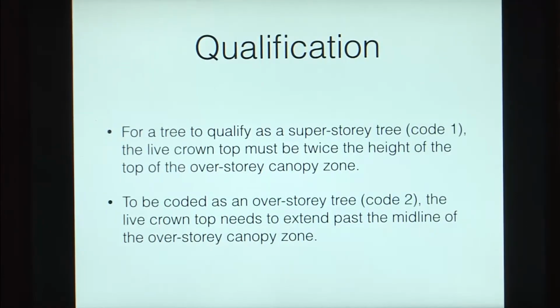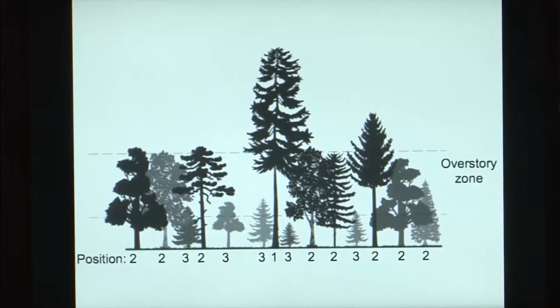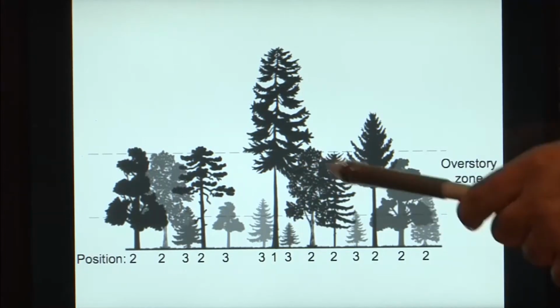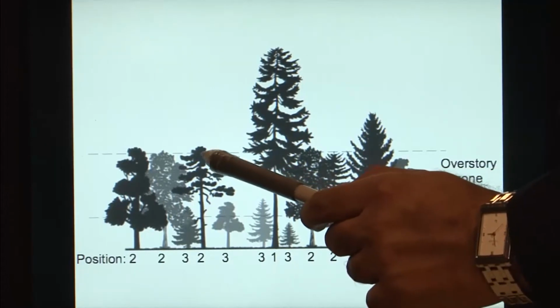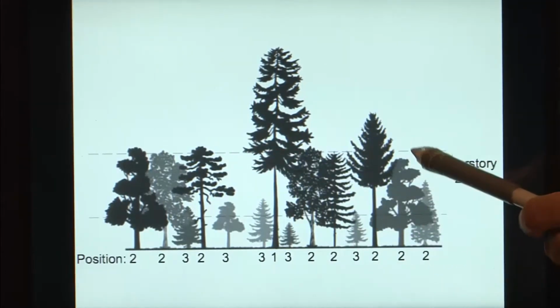So, when do we call it a code 1? For a tree to qualify as a superstory tree or code 1, the live crown top must be twice the height of the top of the overstory canopy zone. So, to show it in a figure, in this case we have calculated the average line. So, these are all different trees and this is the overstory zone that we have calculated by taking the average heights.